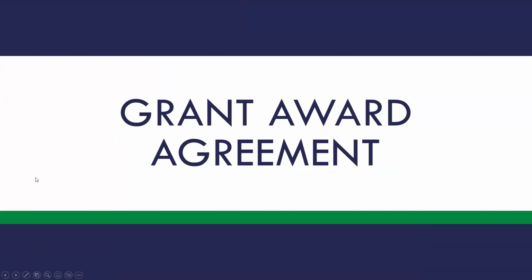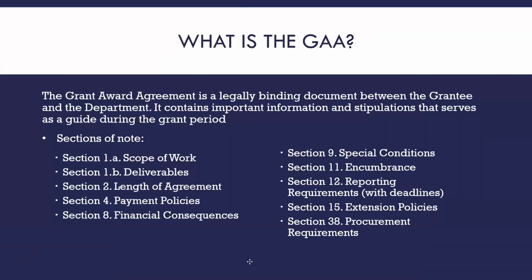All right. So the next thing that is important is the grant award agreement. The grant award agreement is a legally binding document between you as the grantee and the Department of State. And it contains basically everything that you're going to need to know for the requirements for your grant.